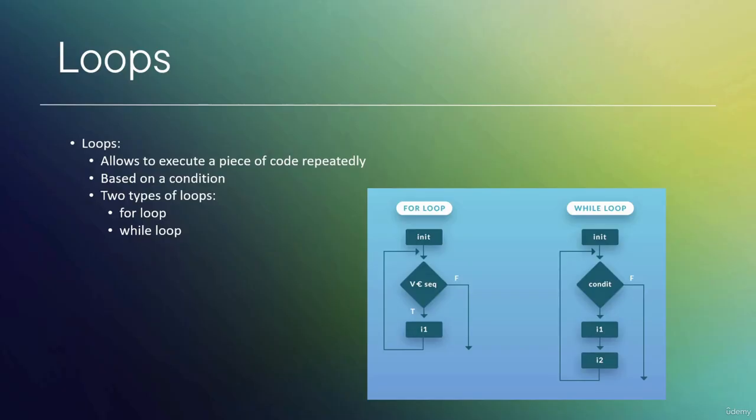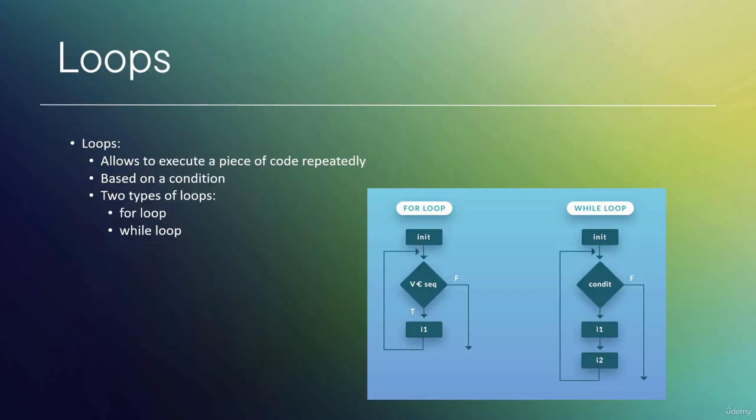But first, if you look at the image over here, you can see the visualization of how loops work. For a moment, if you ignore the for loop and just look at the while loop, just for conceptualization. We start the code from init, then let's say we defined a loop. So there's the condition: if x is less than 5, the loop keeps on executing the code within the loop.